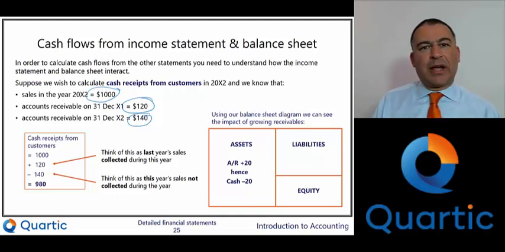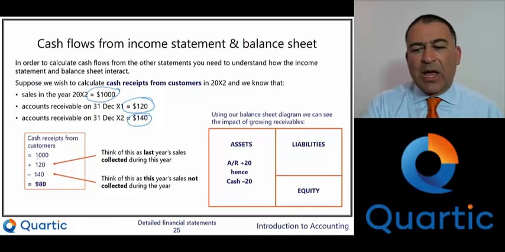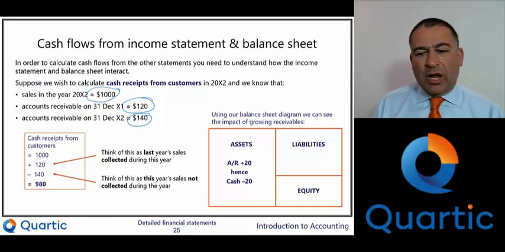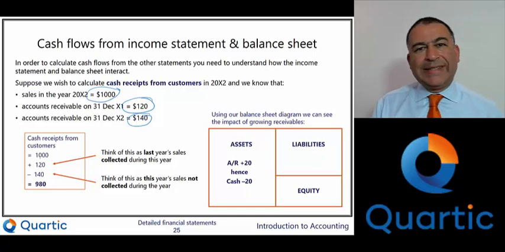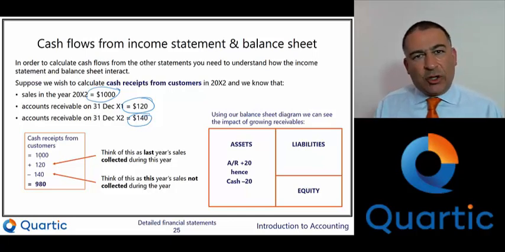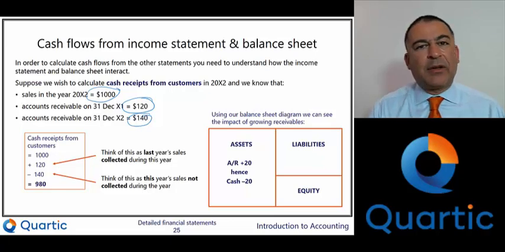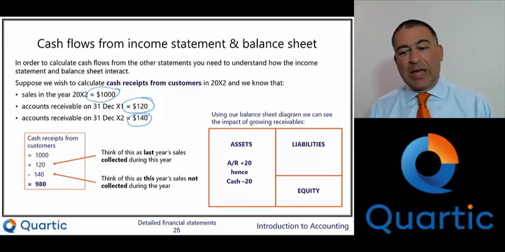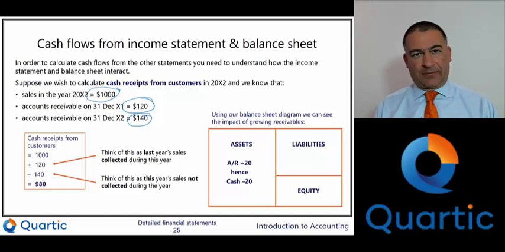In total, that comes to 980. You can see the working down the bottom left: 1,000 we received this year, plus 120, which is what we collected this year from last year's sales, minus 140, which is the component of the 1,000 that we didn't collect this year, and that adds up to 980.